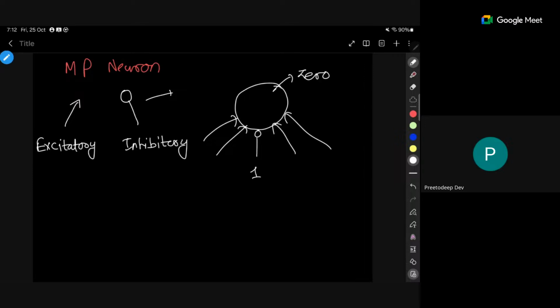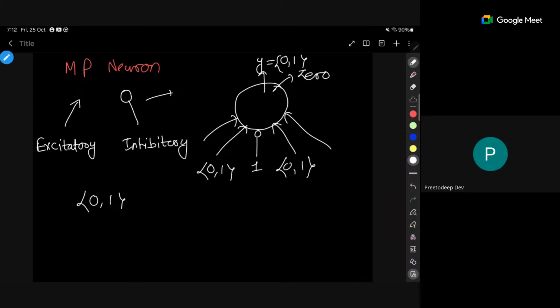So if any one of these is on, which is 1, the output is 0. All the inputs can take values of only 0 and 1, and of course y, which is the output, will also be either 0 or 1.